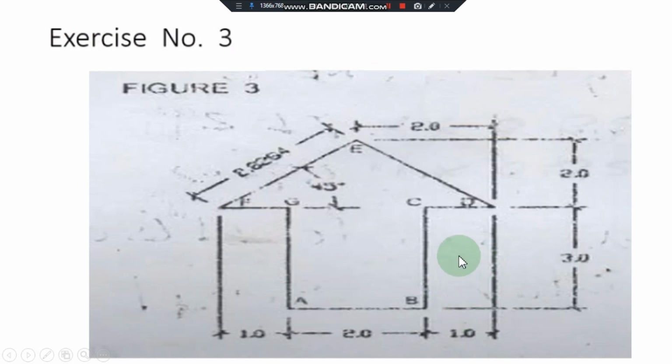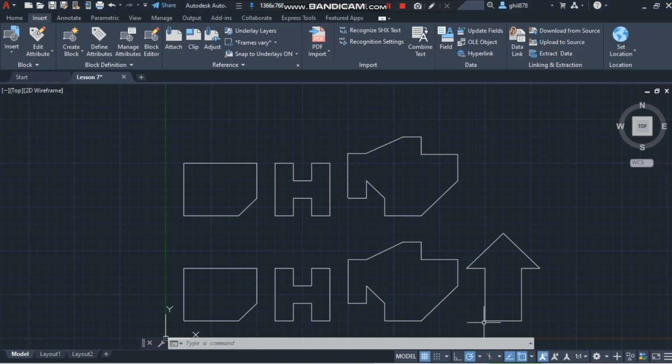Next figure is the house or the arrow. So at point A, it's this one. So let's start here. So line. So we'll have our line.